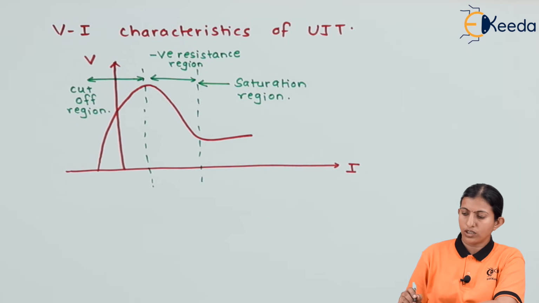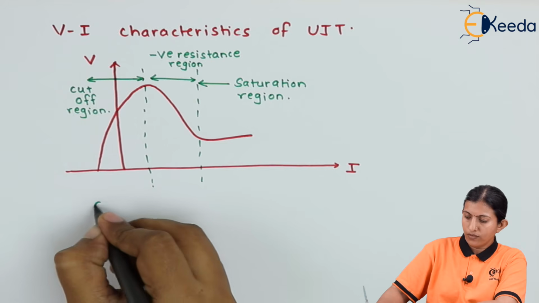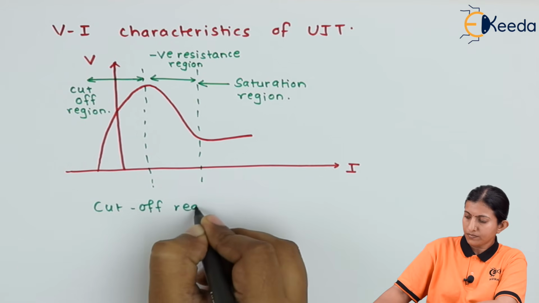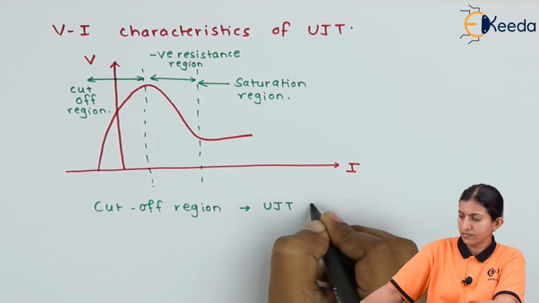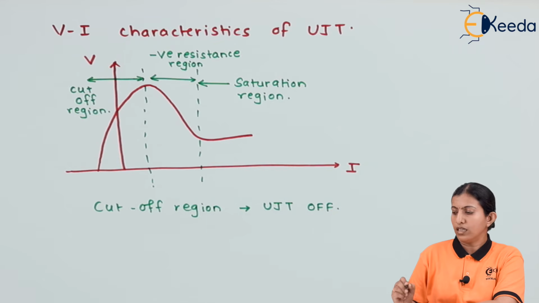Now in the cutoff region, the UJT is off because the voltage at the cathode terminal of the diode is eta times VBB and the supply voltage is less than that, and because of that the diode is reverse biased, and due to that the UJT is off.